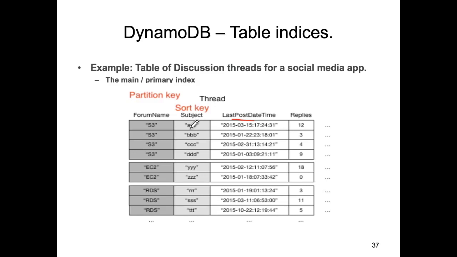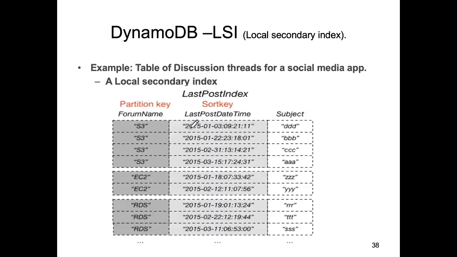Okay, there are the two types of query operations that I can perform against this particular table. And I can perform both of those types of queries because I have a local secondary index that supports the query, which is saying, give me all of the threads related to a particular service where the date of the last posting on that service begins with a particular year or maybe year and month.